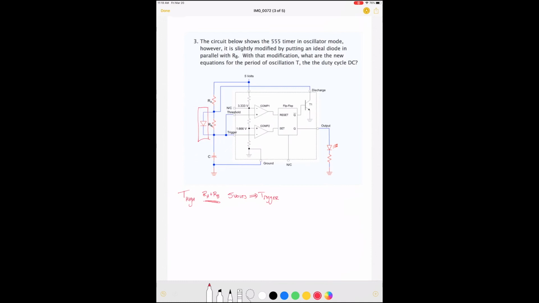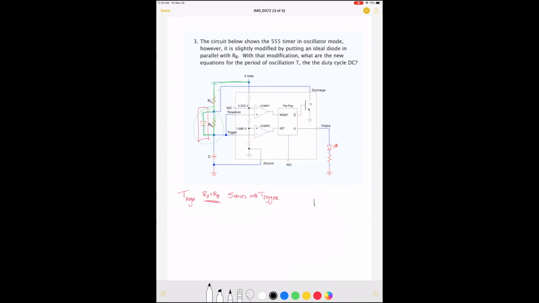But if we look at the picture, I'll do this in green. 5 volts to the trigger, we go from 5 volts down through RA, and now instead of just passing through RB like we normally would, we have this diode over here. So we need to understand how that diode will affect this resistance. For those of you that don't know how diodes work, diodes are basically like a one-way wire.